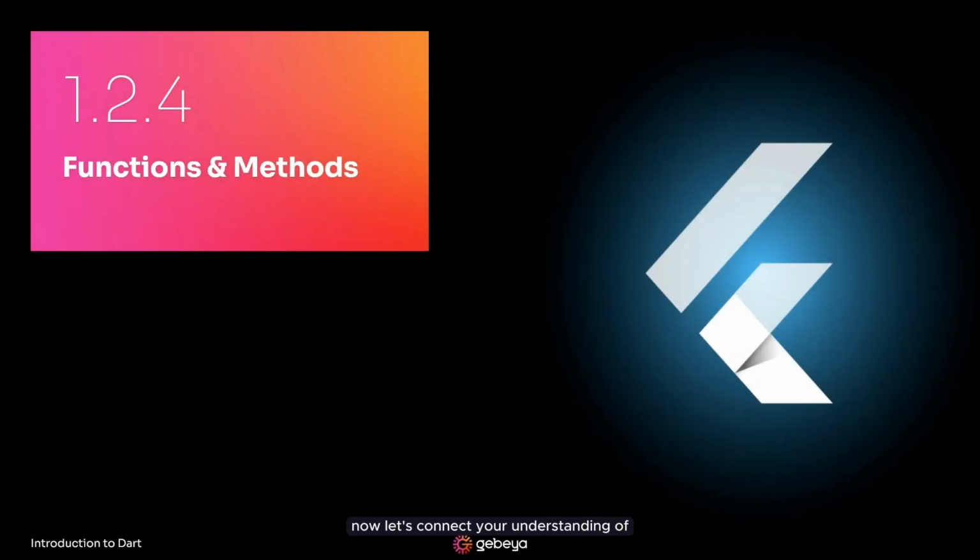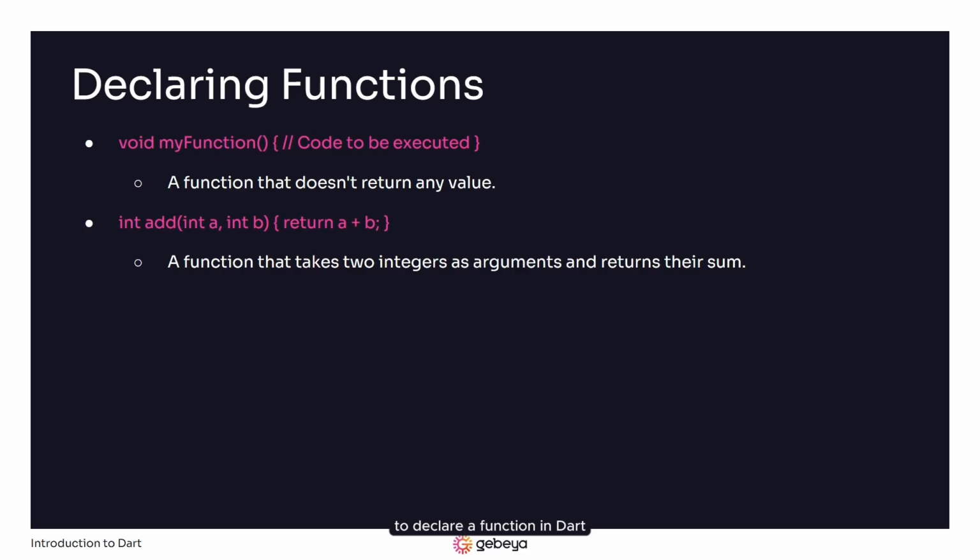Now, let's connect your understanding of control flow to functions and methods in Dart, which are essential for writing reusable and clean code. To declare a function in Dart that does not return any value, you can write void myFunction() with the code to be executed.